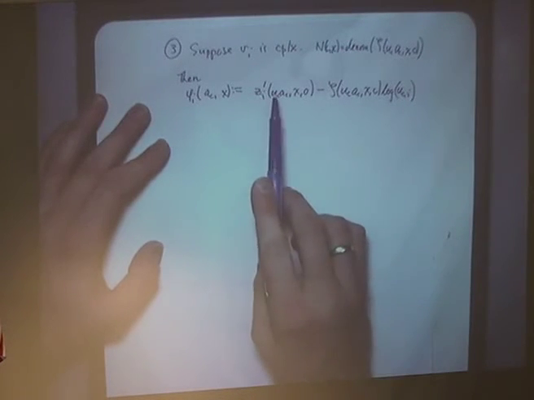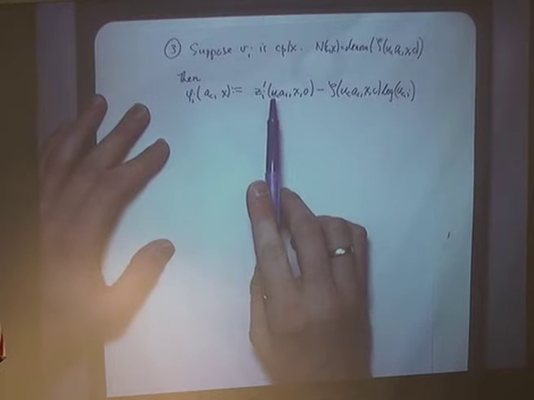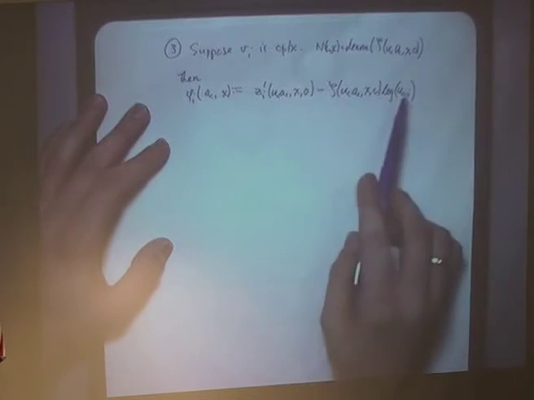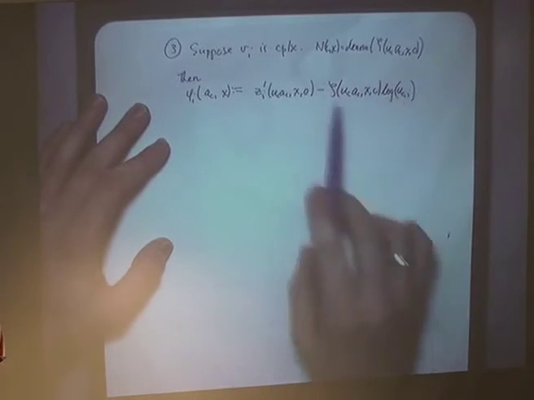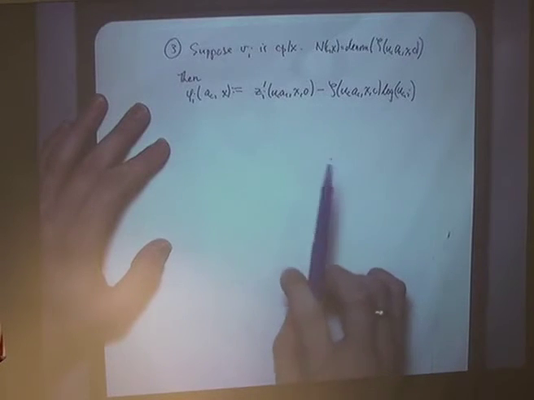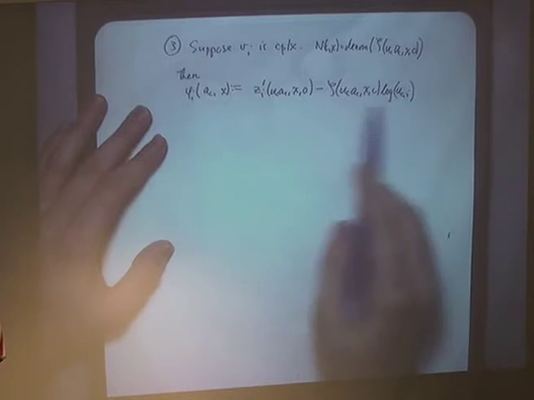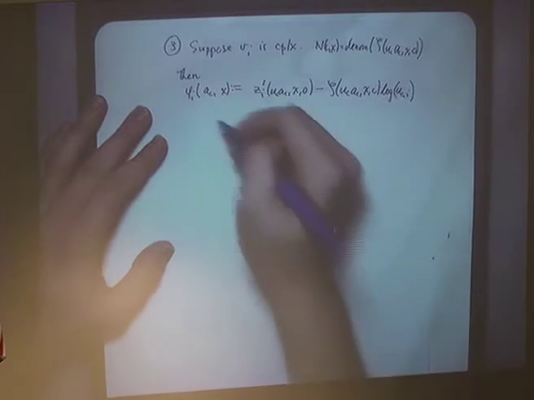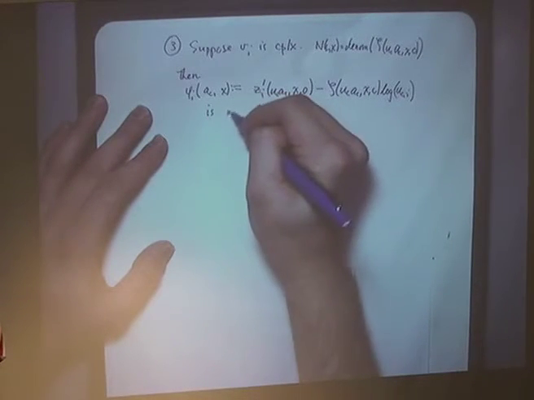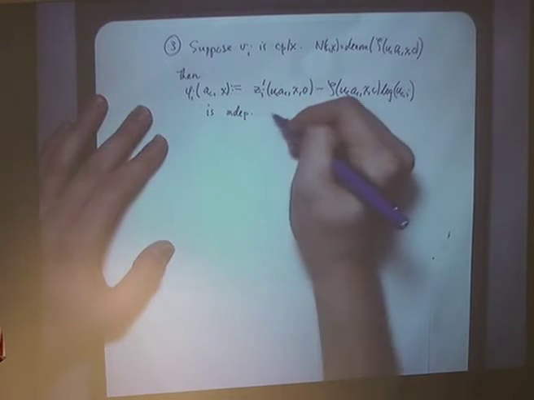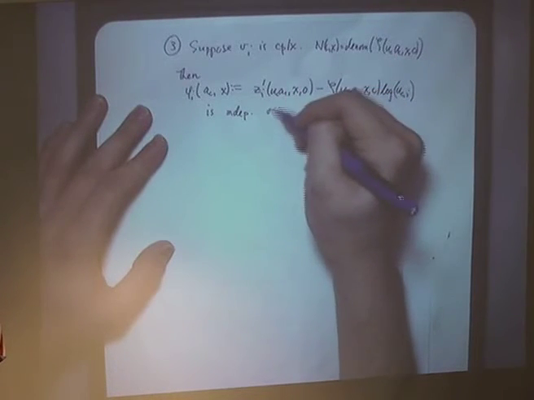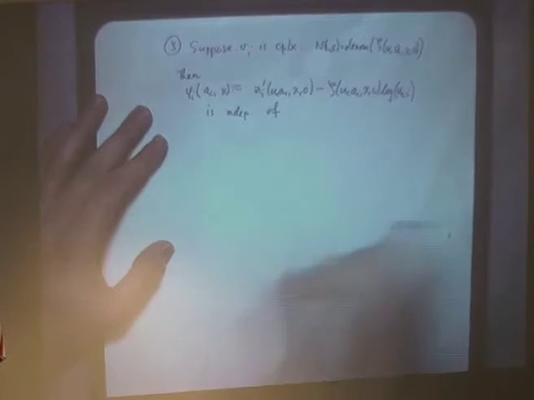So although this derivative isn't independent of our choices of these u's, if I take off this correction factor, which involves the logarithm of that complex number and this rational number, then this is independent.